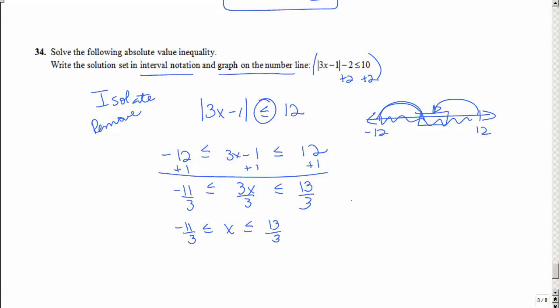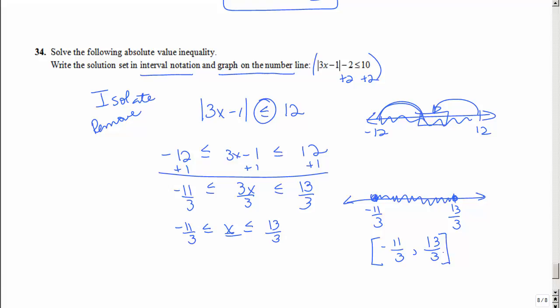I'm now asked to put that on a number line. Can be pretty basic. They need to be filled in because of the equal to part, and then x is between. So all of those numbers. And then in interval notation would be bracket -11/3, comma, 13/3 bracket.